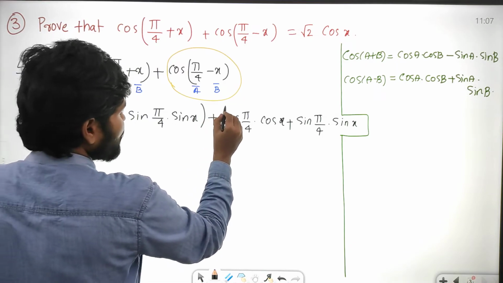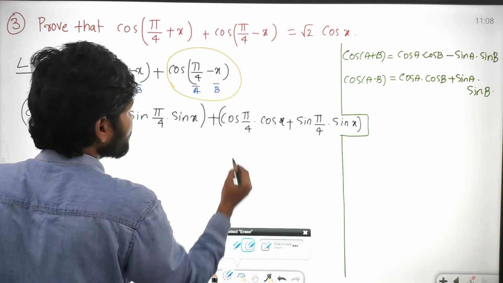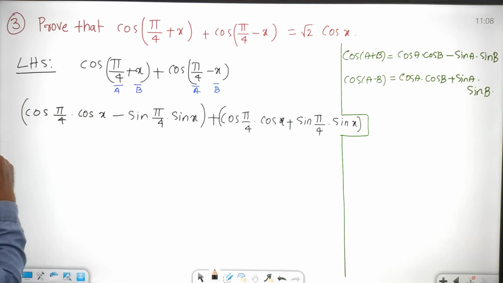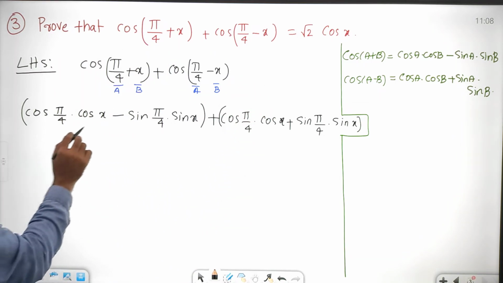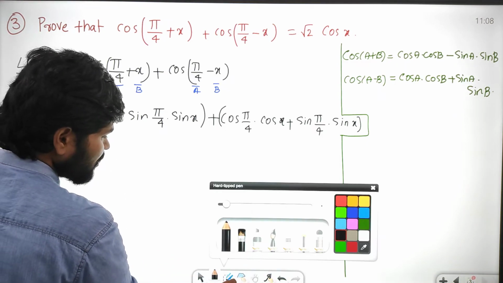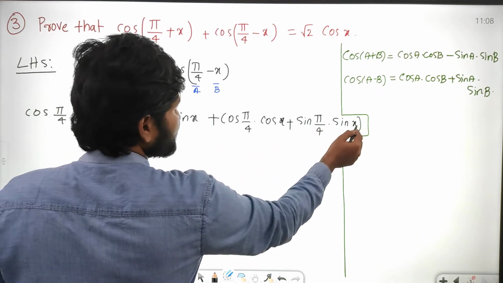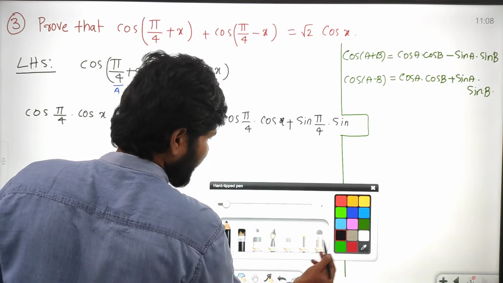Now this is this one, okay? Now see what we have. If I remove these brackets, it will become an addition.